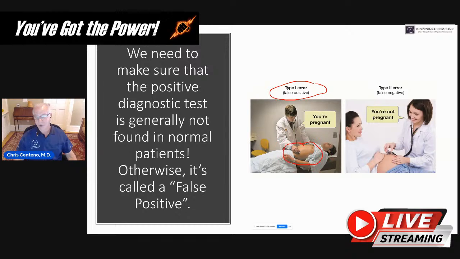Obviously, this guy's not pregnant. So that's a false positive, and that's what we're trying to rule out here. In order to do that, we need to know how many patients without this problem of intracranial hypertension causing symptoms have internal jugular vein compression.